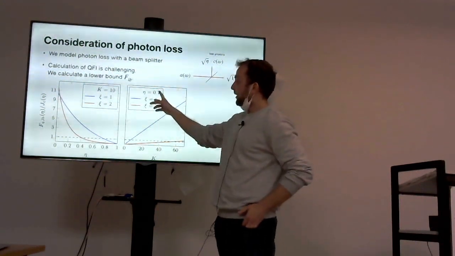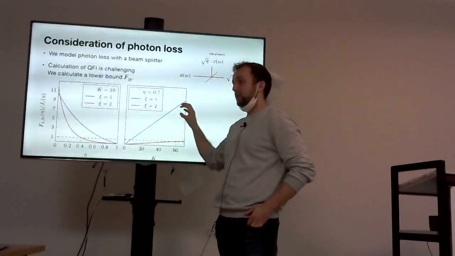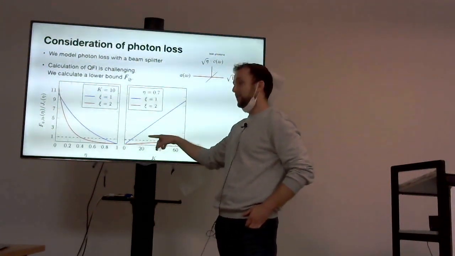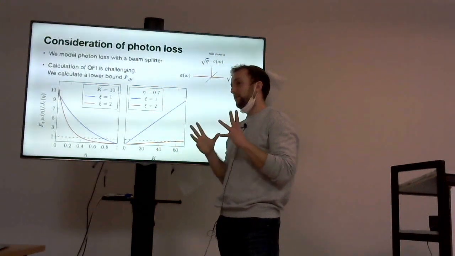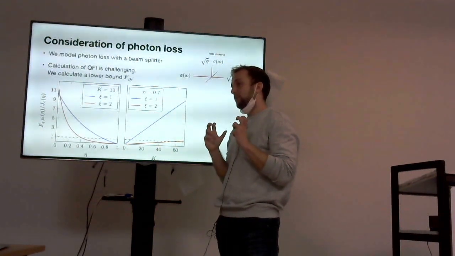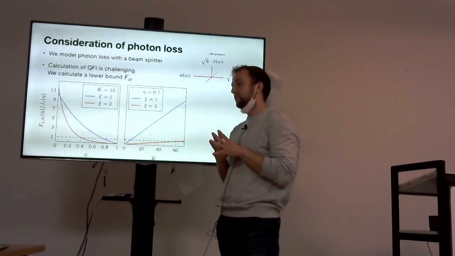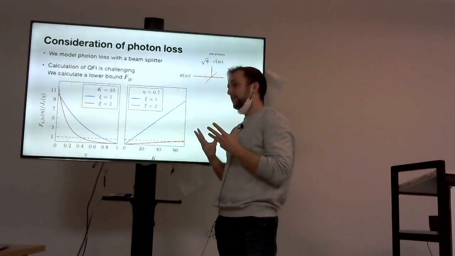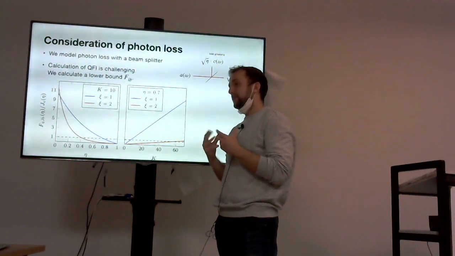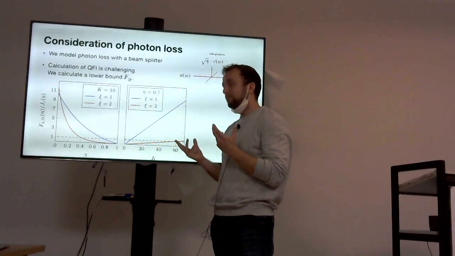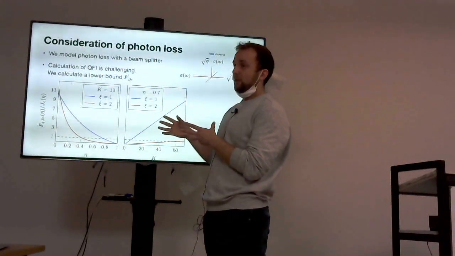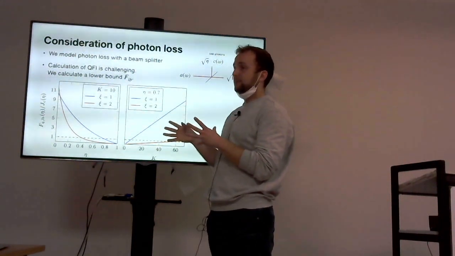So if we have lower squeezing, we also have fewer photons, and the fewer photons we have, the better it is, due to the nature of our lower bound.